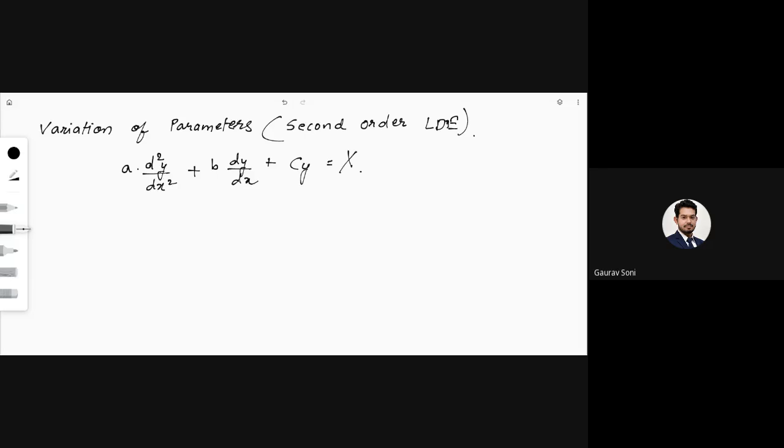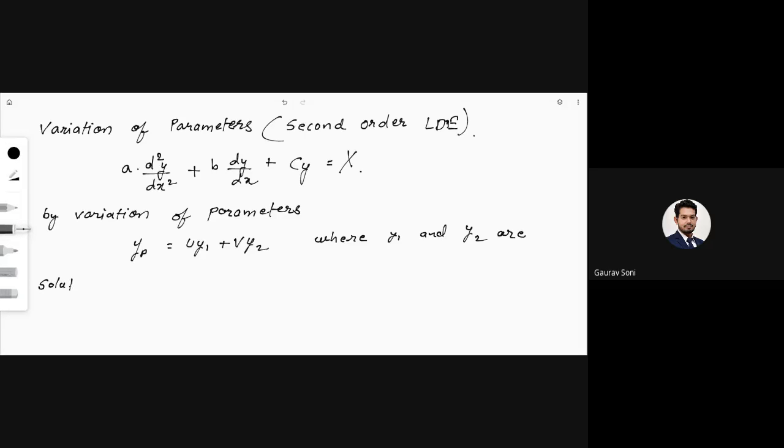So particular solution by variation of parameters, yp is equal to u into y1 plus v into y2, where y1 and y2 are the solutions from yc.